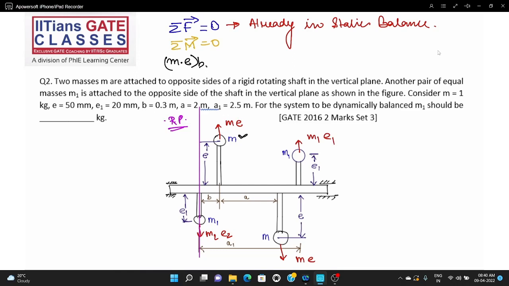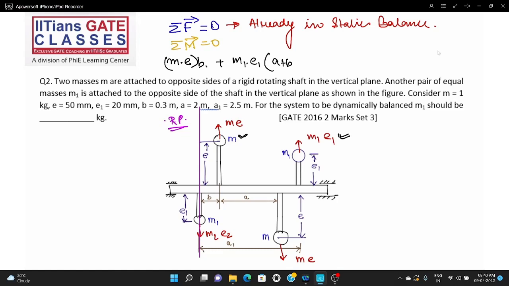So this is anti-clockwise, right? I'm considering anti-clockwise as positive. And which one else is anti-clockwise? This one is anti-clockwise, plus M1 E1 into A1.